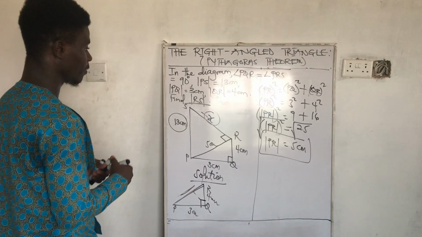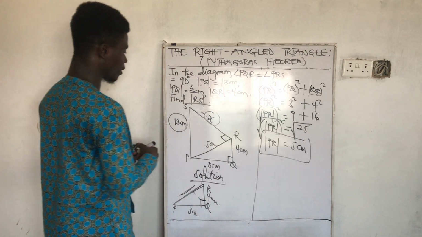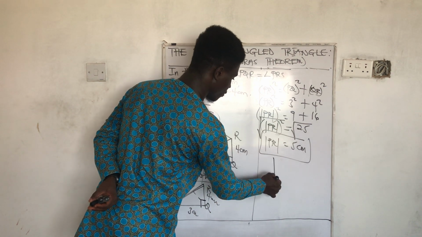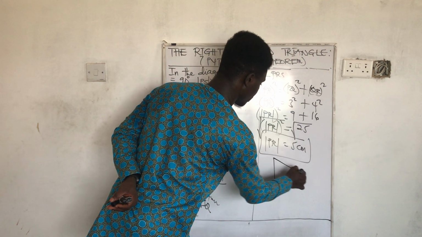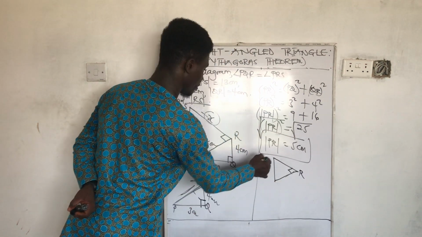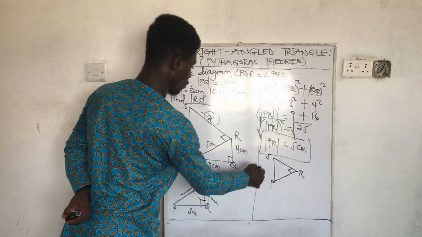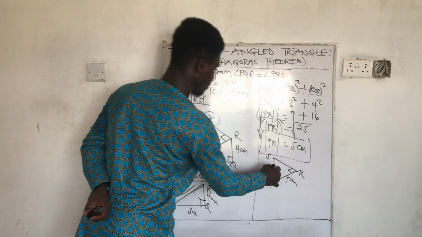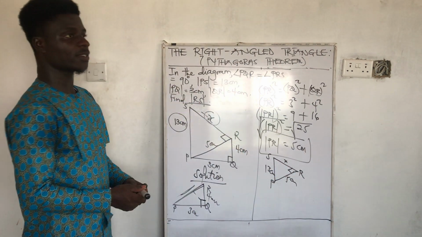So now we can consider triangle PSR, which is that. So 90 here, then we have our R, then S, then P. So 13, then we have 5 centimeters. Then we can get this side.